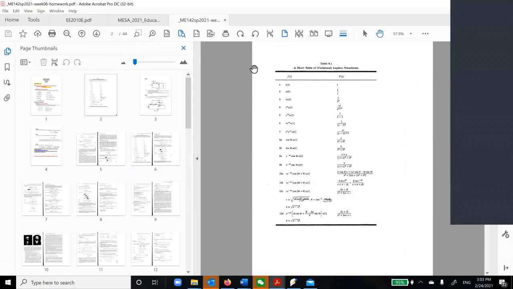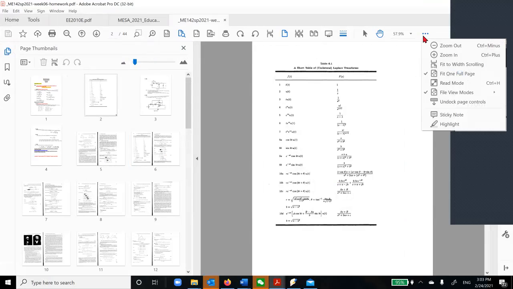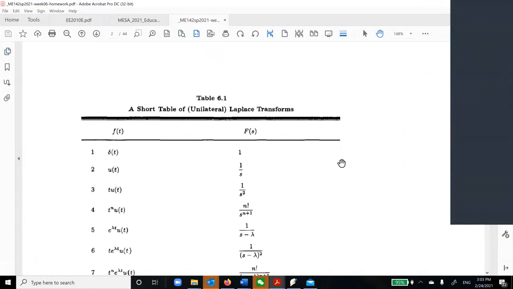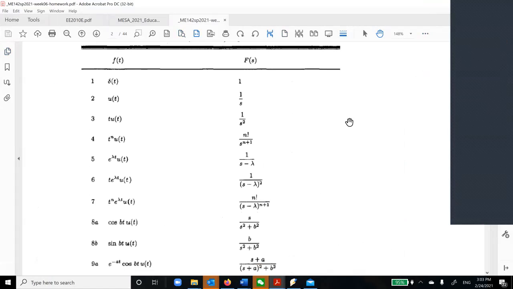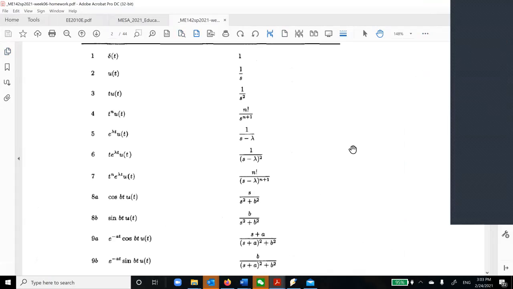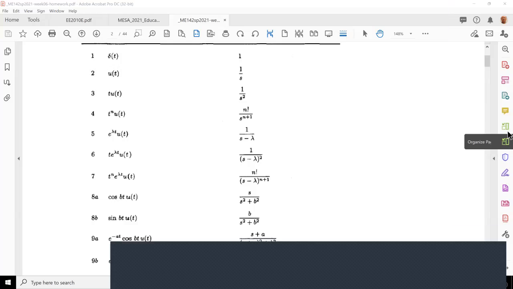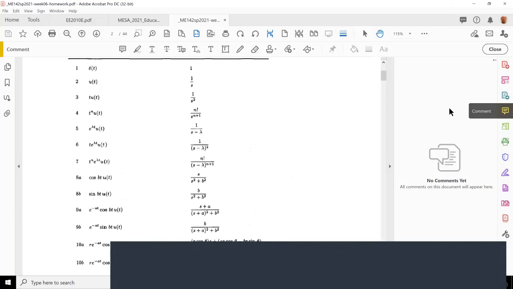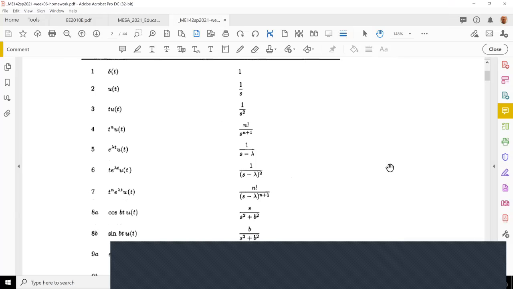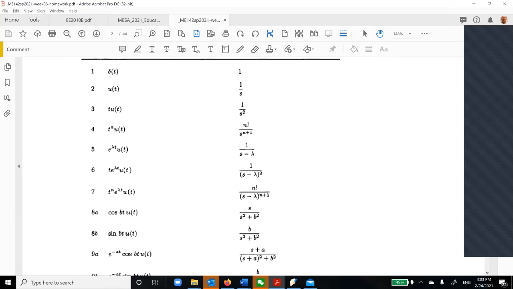Don't feel surprised. This is called the Laplace transformation table. I want to point this one out to you. So you said, oh, I have never seen that. Now you see it.